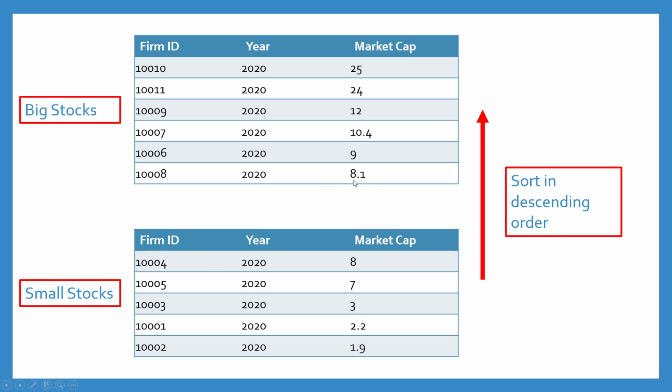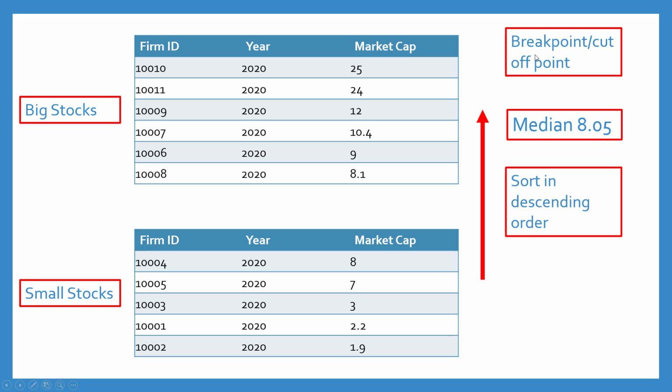In this specific case, I used a breaking point, or a cutoff point, and I have used the median. If we take the median of all this data, it turns out to be 8.05. So all the stocks that are less than that median point become small stocks, and any stocks that are greater than that median point become big stocks.